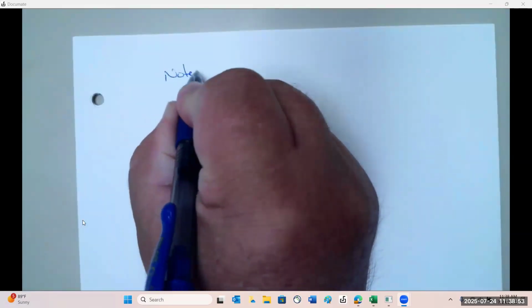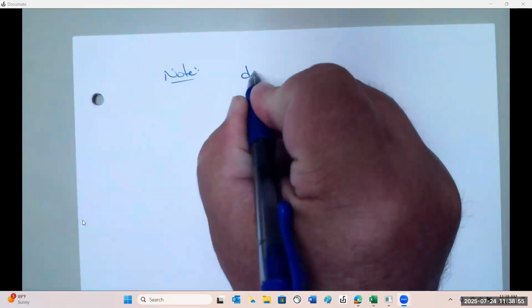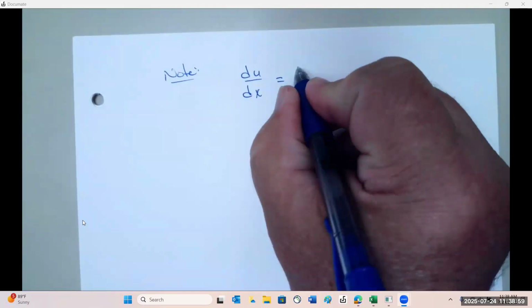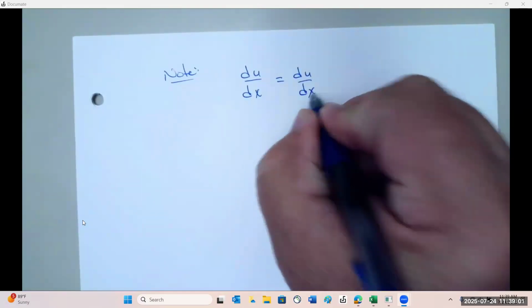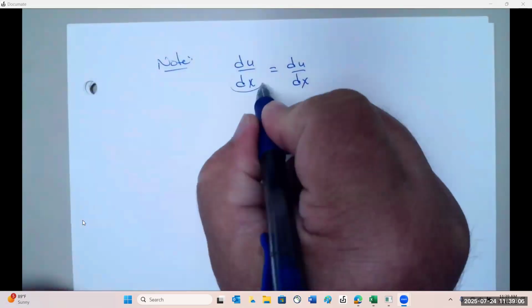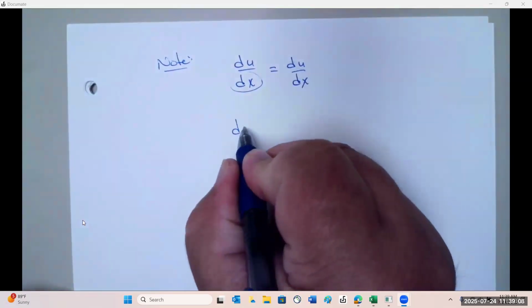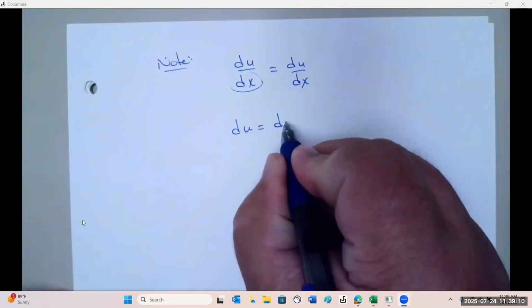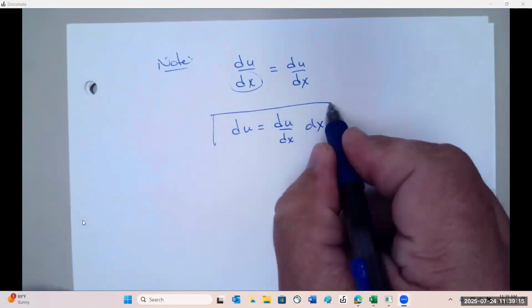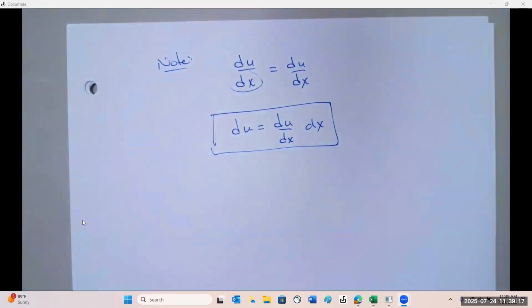All right, let's look at an example here. Note also, we know that du/dx is equal to du/dx, correct? Yes. If we multiply both sides by dx, we get this.